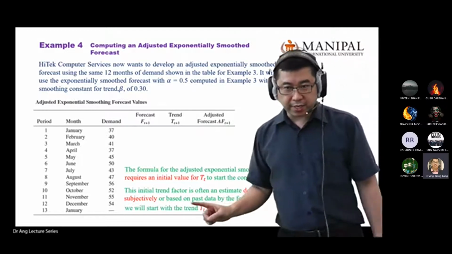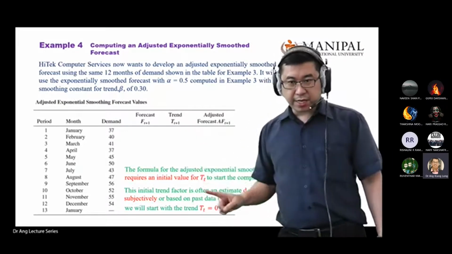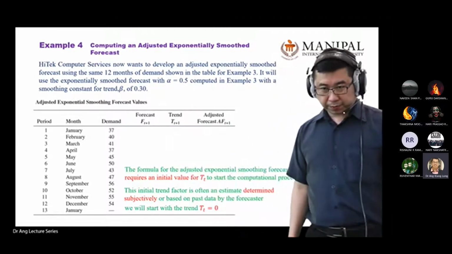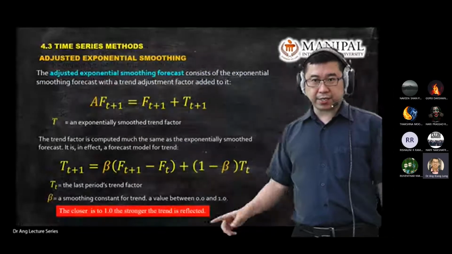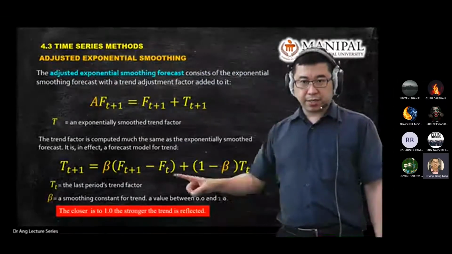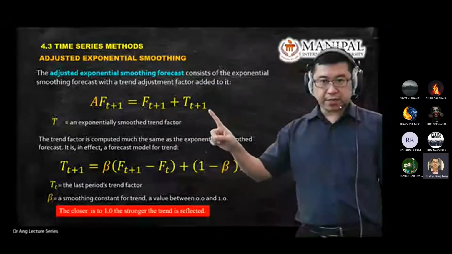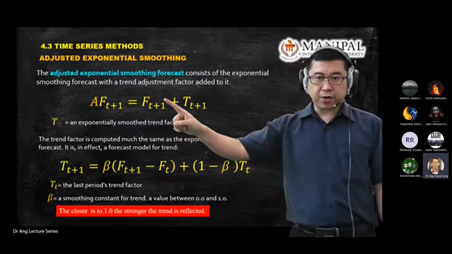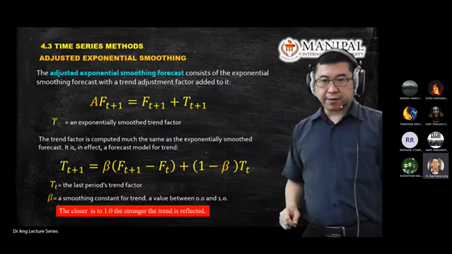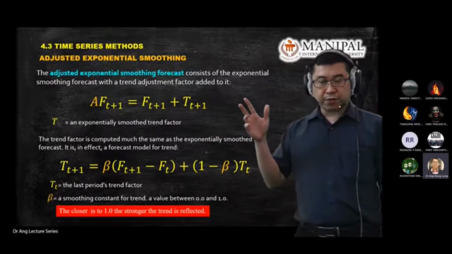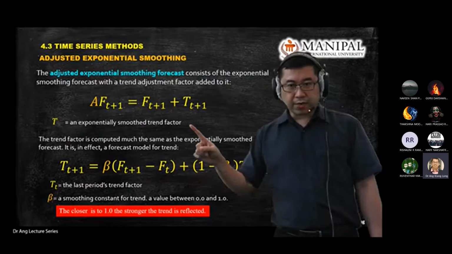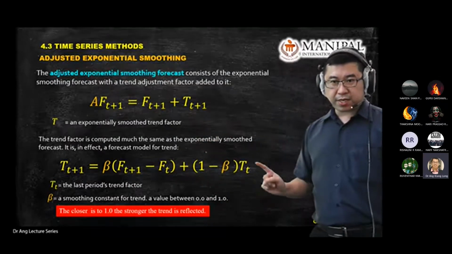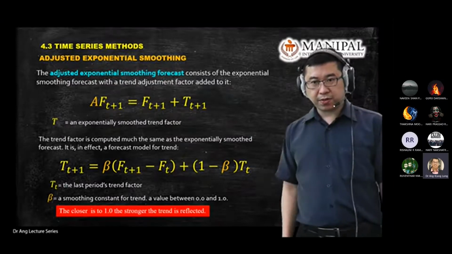So in this case, the adjustment for the trend is 0, because you look at the adjusted formula here. In the trend calculation, you are combining the forecast and the trend value. So for the first one, to calculate T plus 1, our T here equals 0.